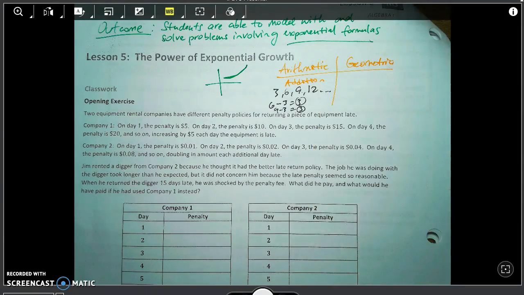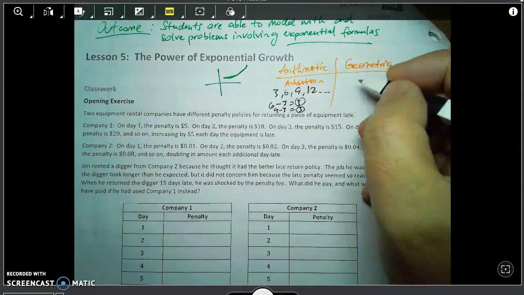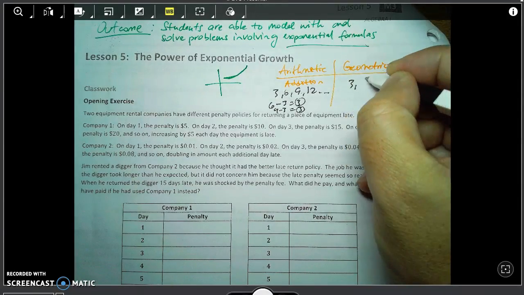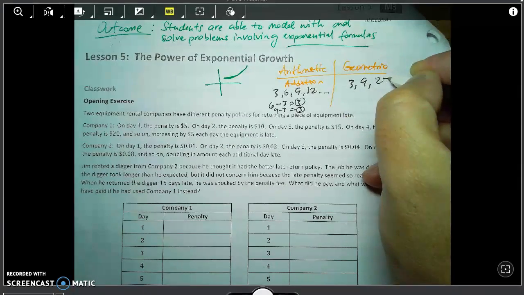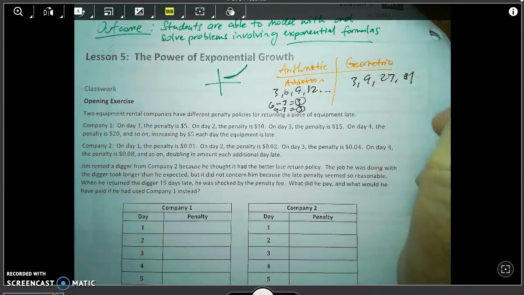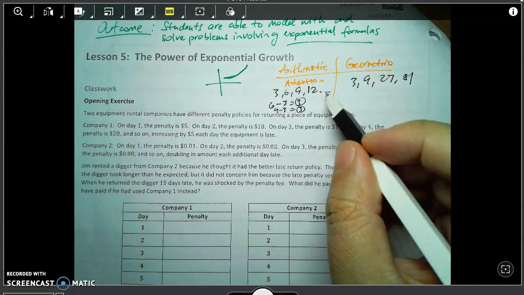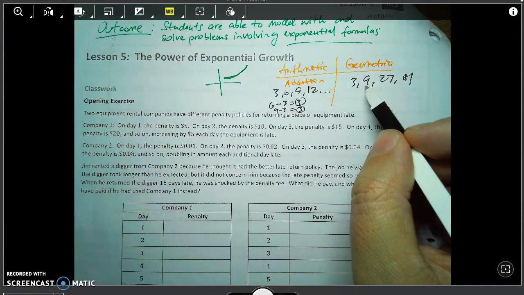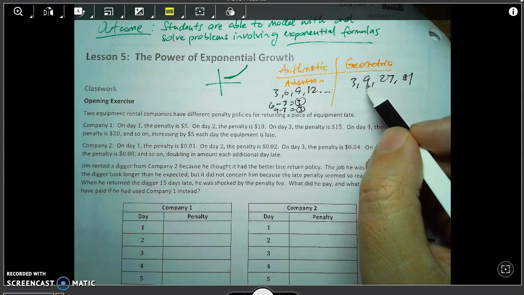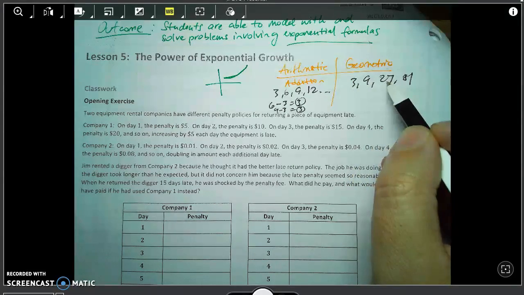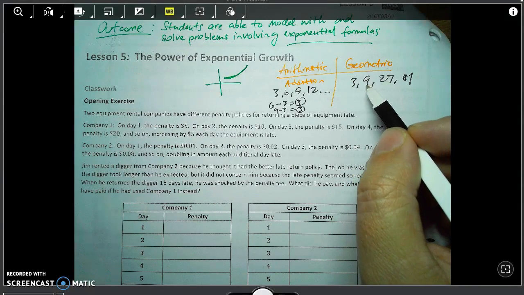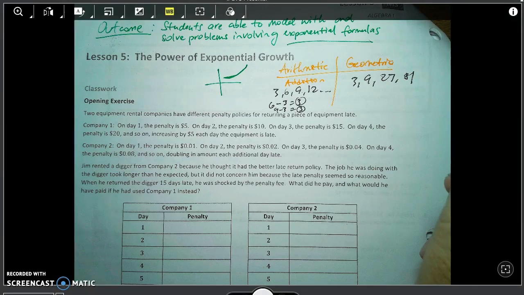When we talk about a geometric sequence, we can have something like this: 3, 9, 27, 81. If I find the differences, 9 minus 3 is 6, 27 minus 9 is 18, and so on.